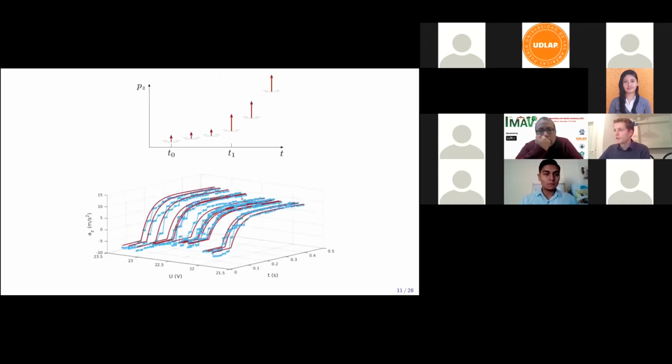Same for the vertical behavior. If we apply a throttle step, then we see first a delay and then some first order like behavior. And what can also be noticed in this plot is that for lower battery voltages, the vertical acceleration is also lower, which is why we also include a battery voltage dependency.